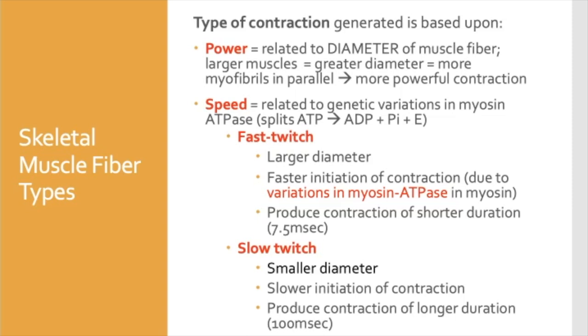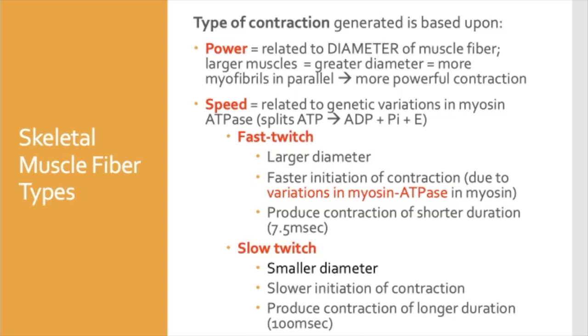We discussed 2 speeds, what we call fast twitch and slow twitch. So some muscle fibers, the ones that have a larger diameter, are fast twitch type. That means the initiation of the contraction is faster in those types of muscle fibers.